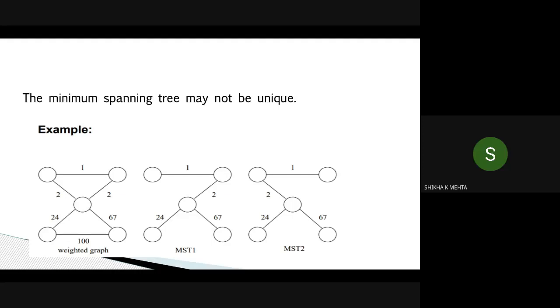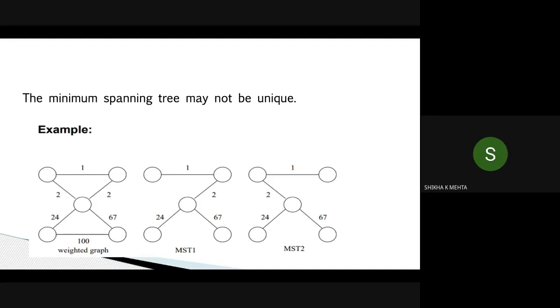Another thing is that the minimum spanning tree you get from the weighted graph may not be unique. That means you may have two minimum spanning trees with the same weight. Both are acceptable. Here it is given as MST1 and MST2. Both are acceptable solutions because their weight is the same, right? 24 plus 67 plus 2 plus 1, in both cases you can see both minimum spanning trees have the same weights.